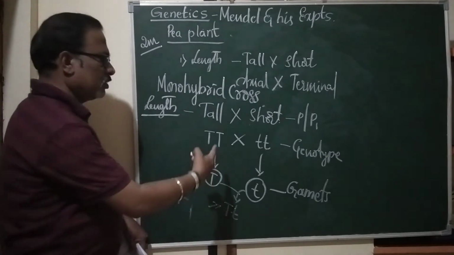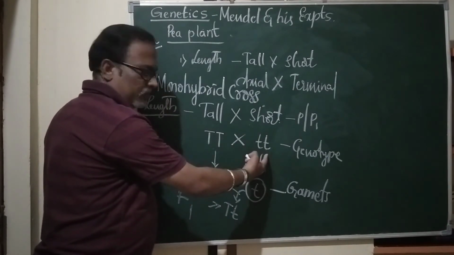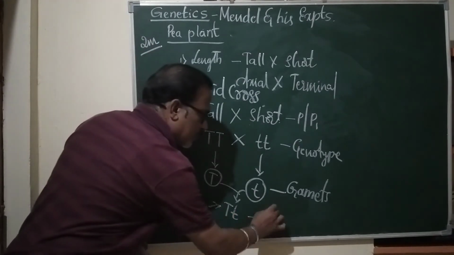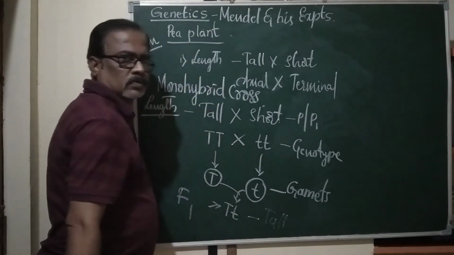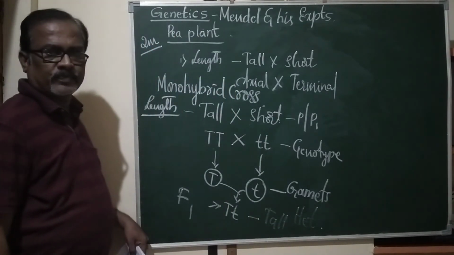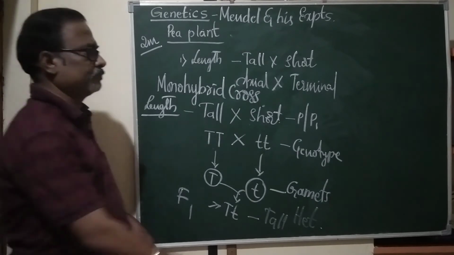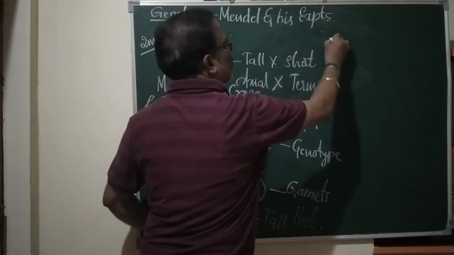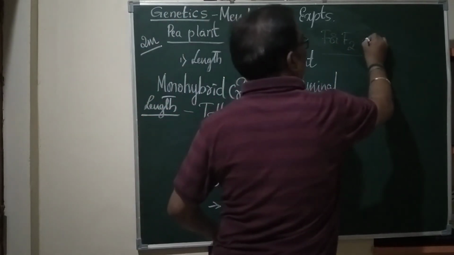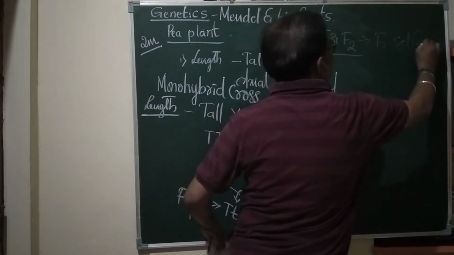By crossing homozygous tall pea plants with homozygous short pea plants, in F1 generation Mendel got all the pea plants tall, but they are heterozygous. And for the next generation, that is F2, Mendel allowed F1 plants for selfing.